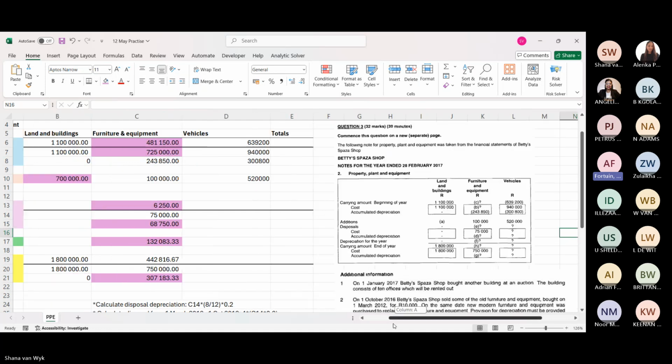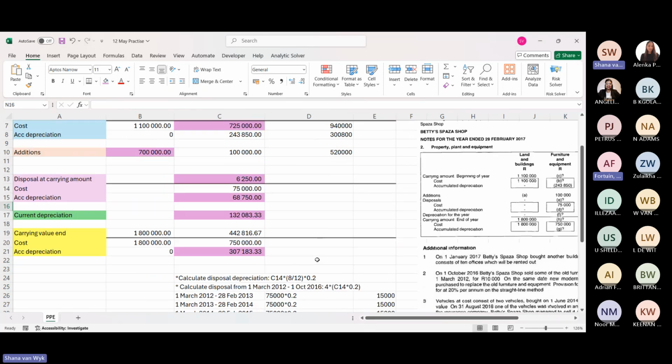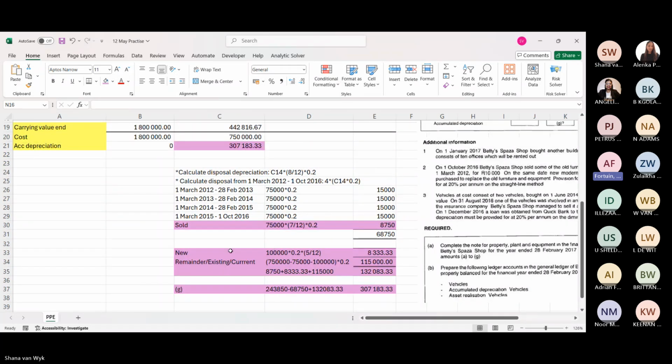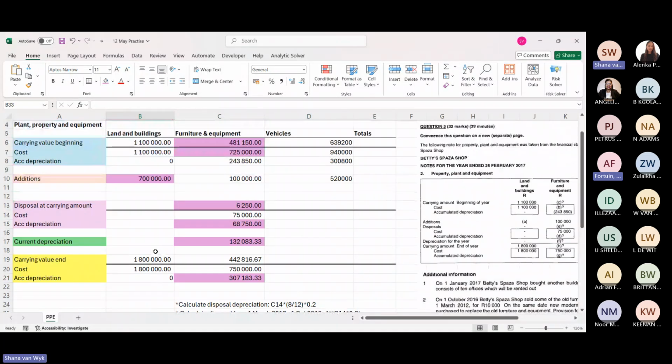You had to know the PPE framework first, and once you do the framework, with PPE you must always know new, existing, sold. That's always going to be a standard thing to do. But here you have to know the framework, because then you have to determine how you're going to move up and down with the missing numbers. So first learn your framework. Tomorrow, study the framework, and then you do A, B, C, D, E, F, G.